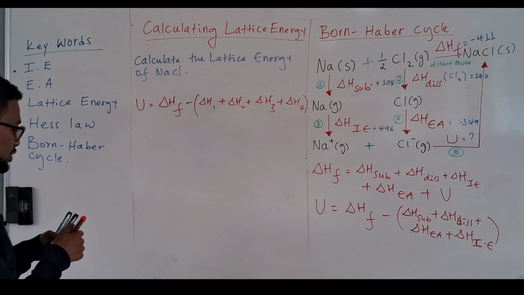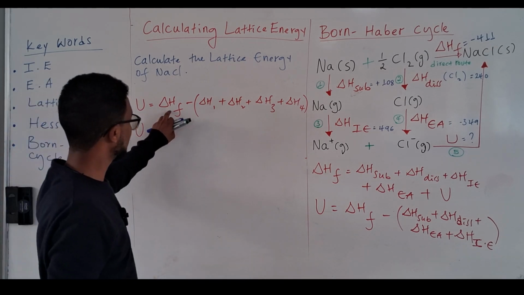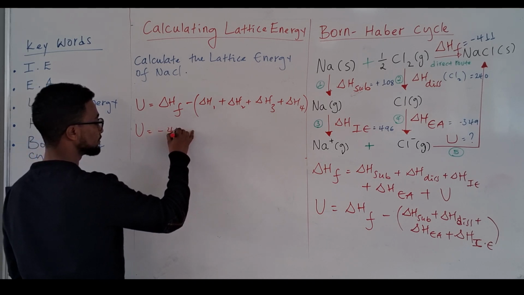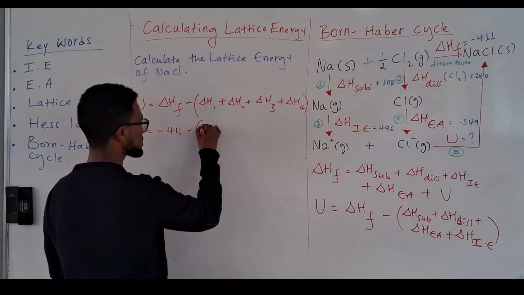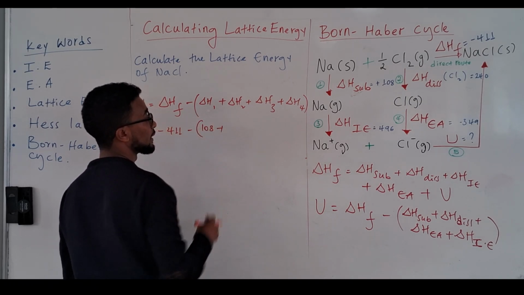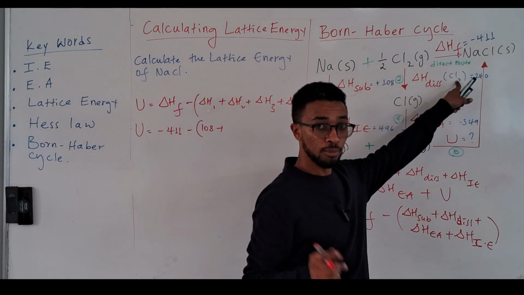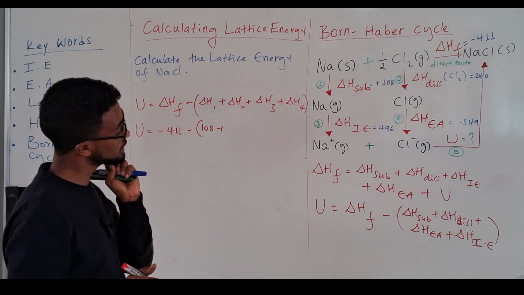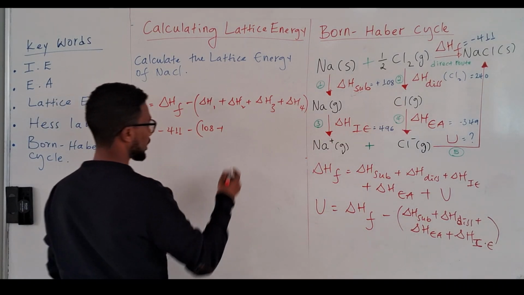Okay, so our lattice energy will be now, what is enthalpy change of formation? It's given by minus 411 minus, what is enthalpy change in step 1? It's positive 108 plus in step 2, this is enthalpy change of dissociation for chlorine molecule. We have 2 chlorines here, but now we want enthalpy change of dissociation for 1 chlorine atom.